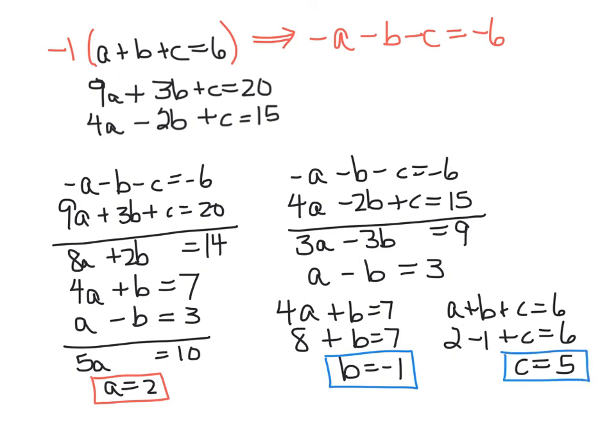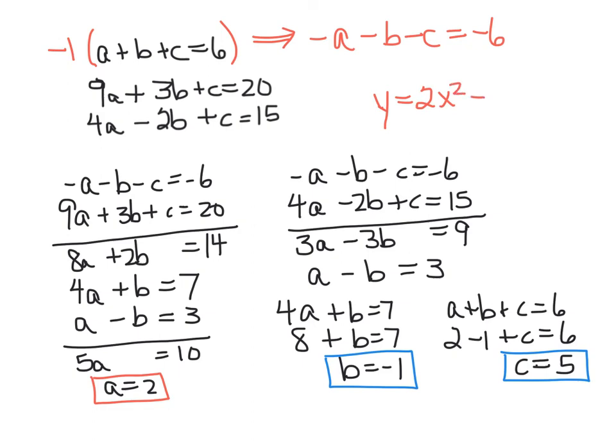Now when I have a system like this, I'm not done when I get the answers for a, b, and c. I need to take those values for a, b, and c and put them back into my quadratic equation. So for the quadratic equation, I'm going to go back and say y is equal to the coefficient a goes in front of the x squared.